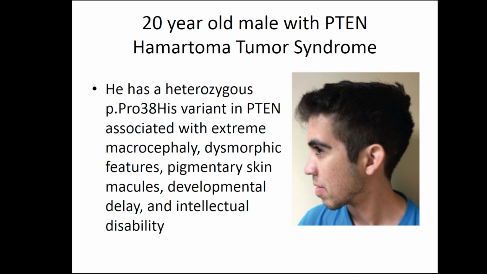And also an example of a 20-year-old male with PTEN Hamartoma Tumor Syndrome. He has a heterozygous variant where proline changes to histidine in position 38, associated with extreme macrocephaly, dysmorphic features, pigmentary skin macules, developmental delay, and intellectual disability.